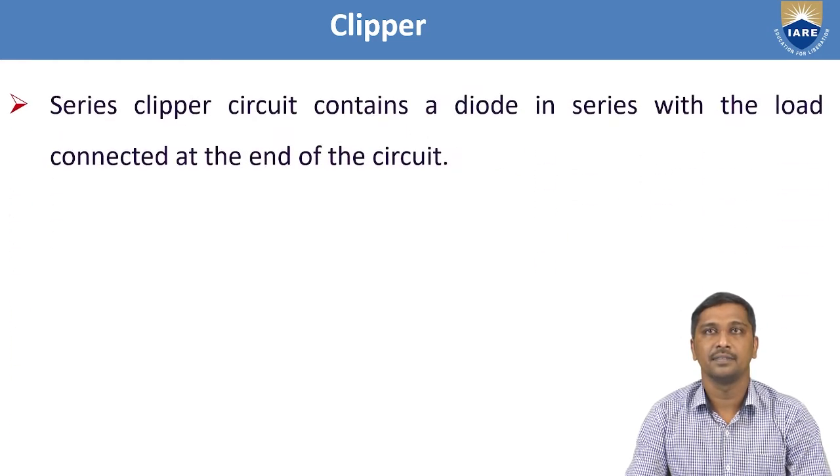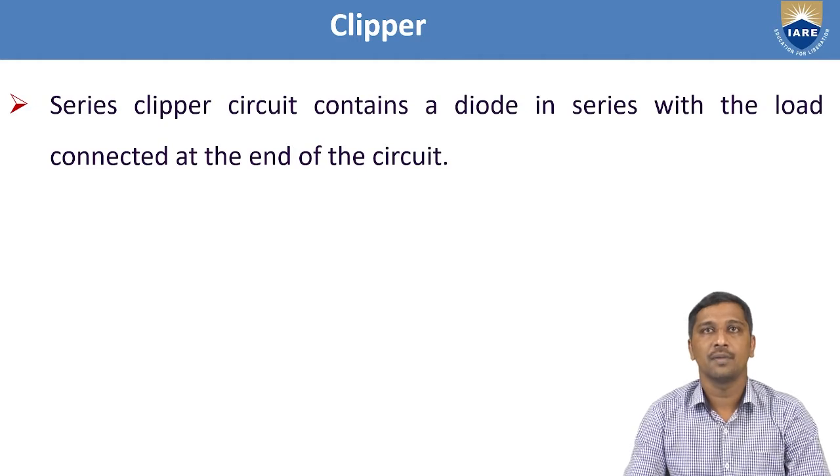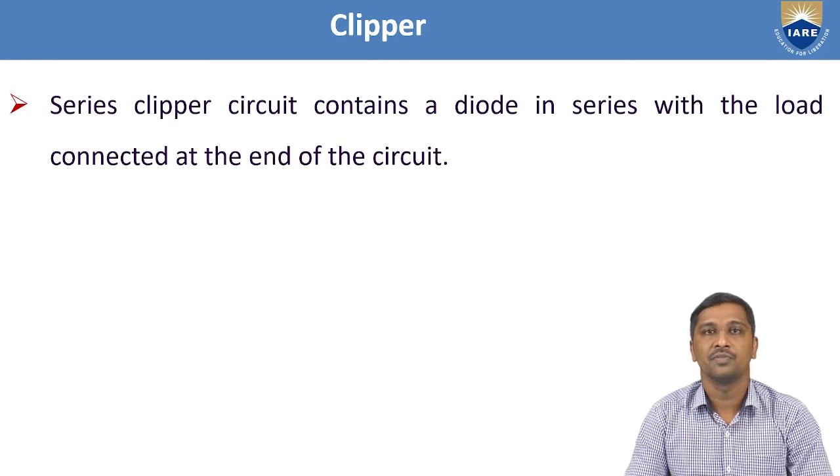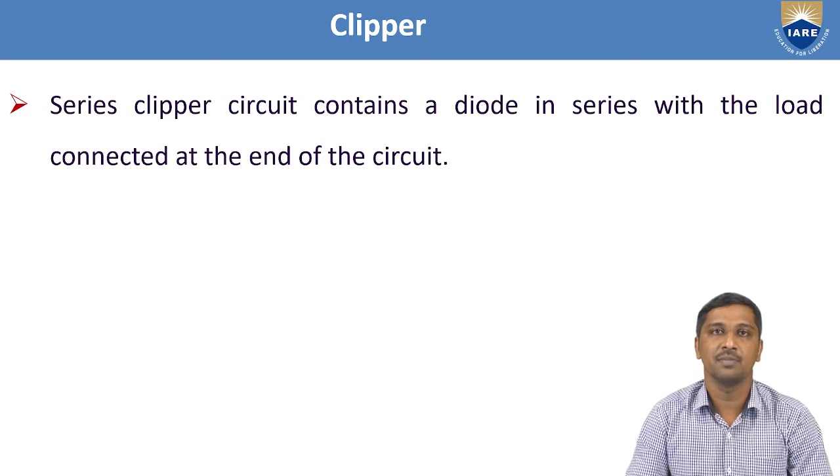Here I'm showing what a series clipper is. A series clipper contains a diode in series with the load connected across the end of the circuit, so we observe the response of the clipper circuit across the load resistance.